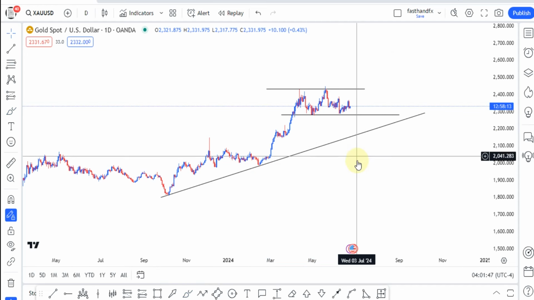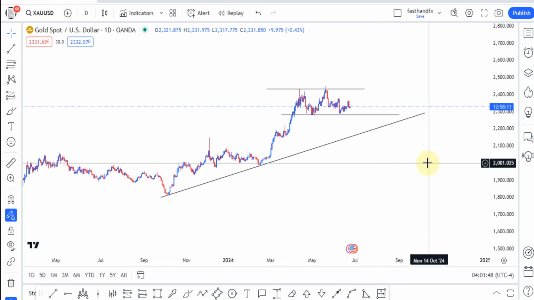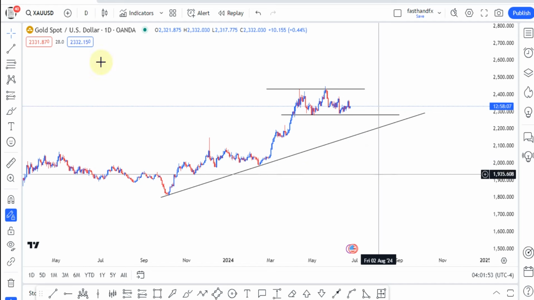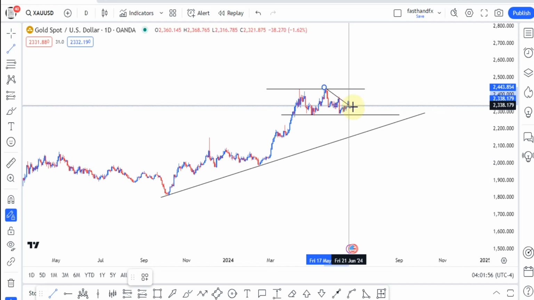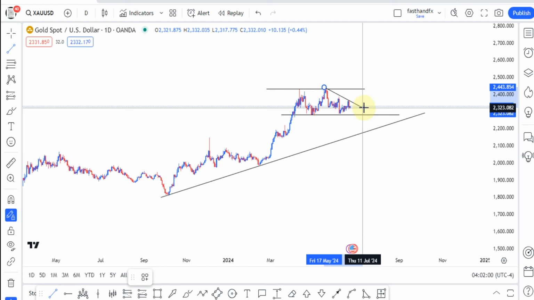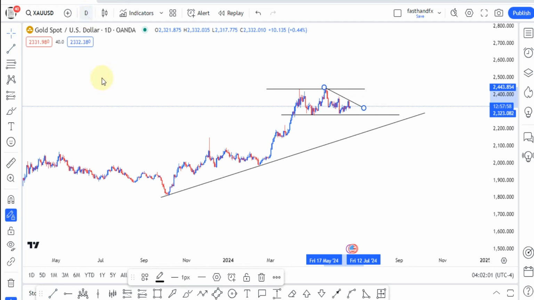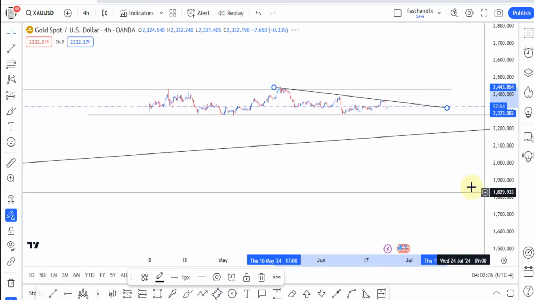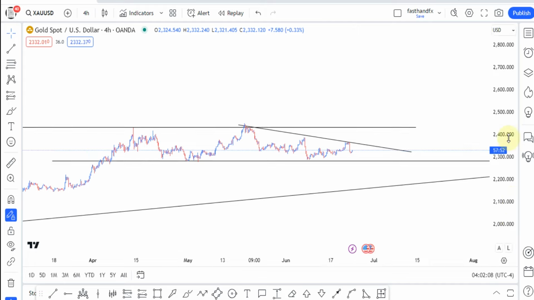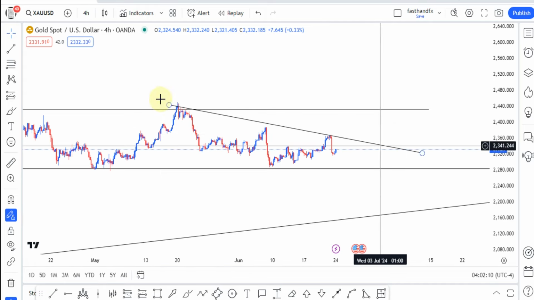You never know unless we understand and see what she will be printing, whether a continuation pattern or a reversal pattern. So if we have this right here, something like that, right? So let's go to the H4. Right, so now based on the H4, this is what we see.